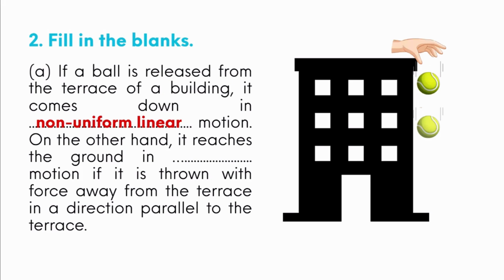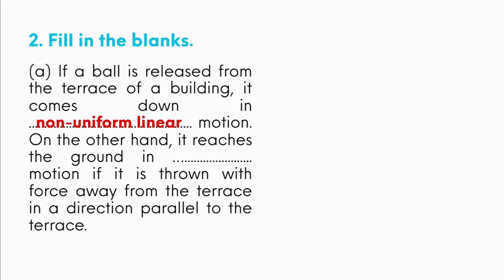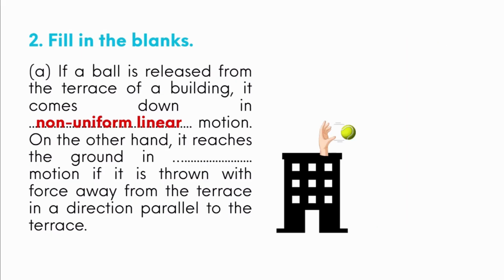On the other hand, it reaches the ground. On the other hand means it is the next example. It reaches the ground in which motion? If it is thrown with force away from the terrace in a direction parallel to the terrace, then it will come down in this way.